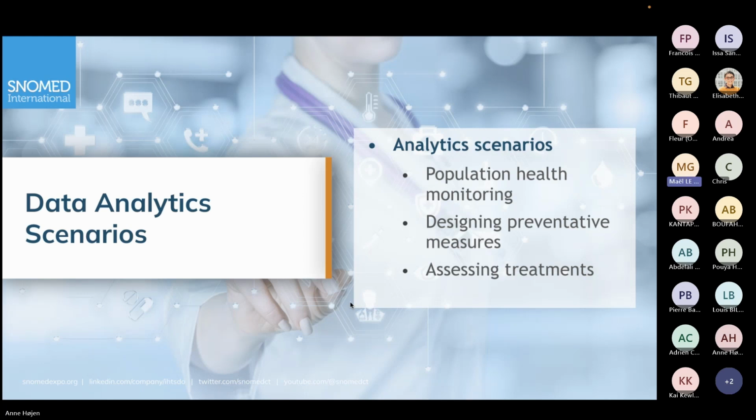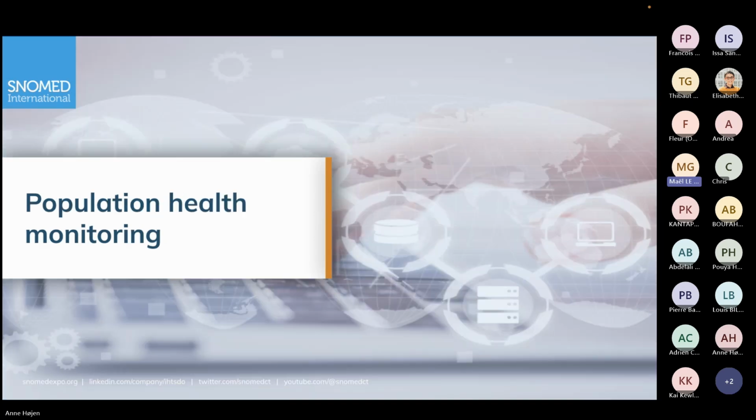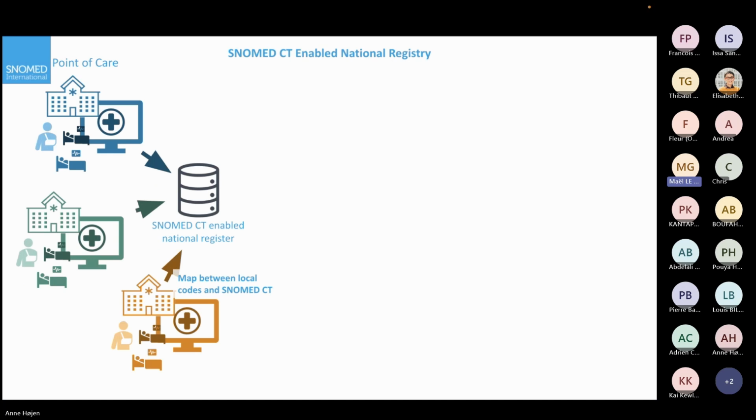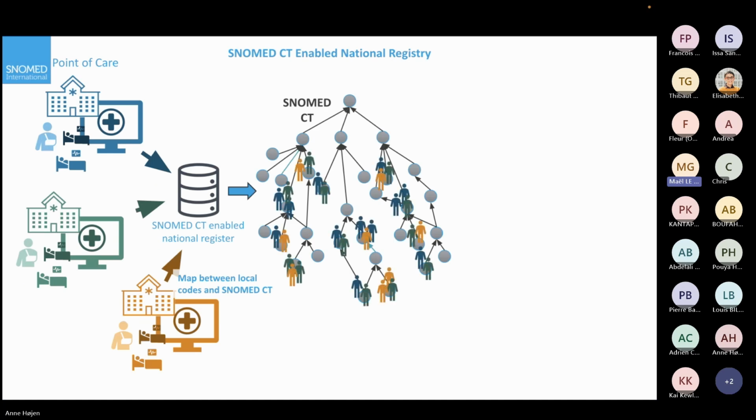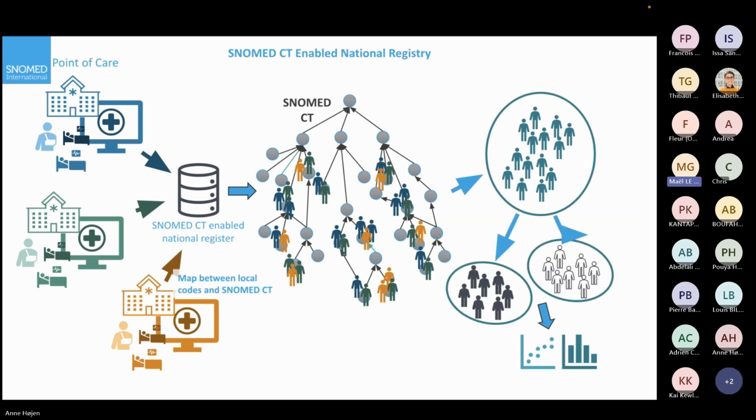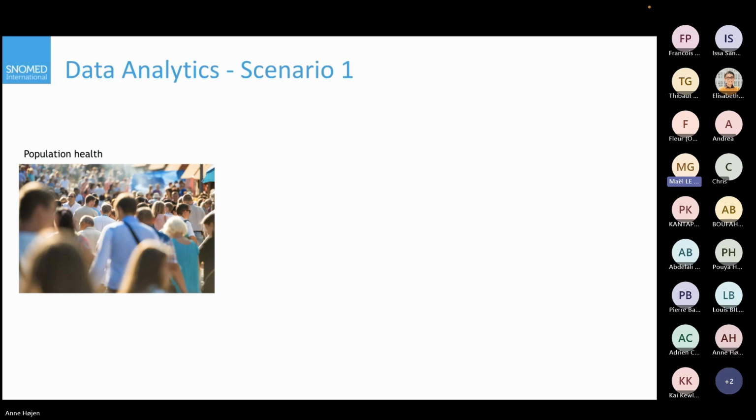So this was the background for data analytics, and let's now start to look at some examples that actually do this with SNOMED. The first example is population monitoring. If you recall from this morning, this is the scenario we're going to try now in our demonstration, where you can imagine that we have gathered SNOMED CT data in a repository from various organizations, and now we want to explore this.